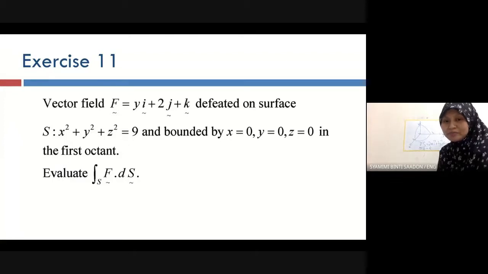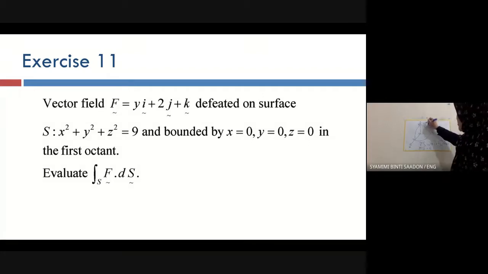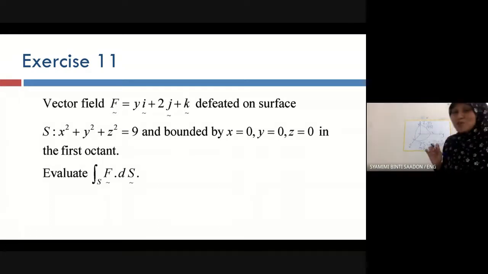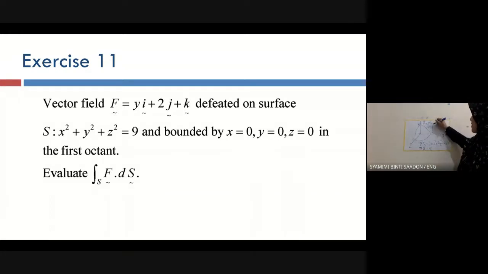And then n, the normal vector, will be the gradient of S over this magnitude. So you have the vector function 2x i, 2y j, 2z k over 6.